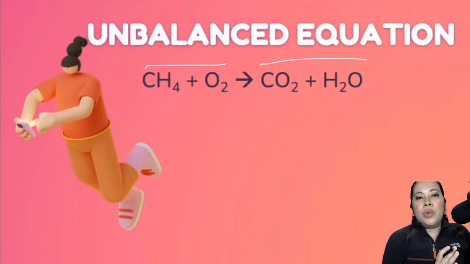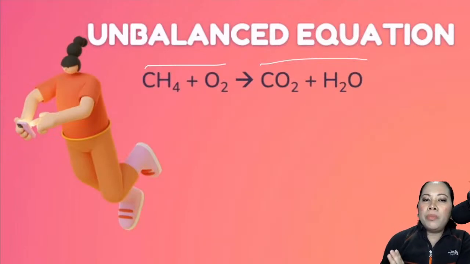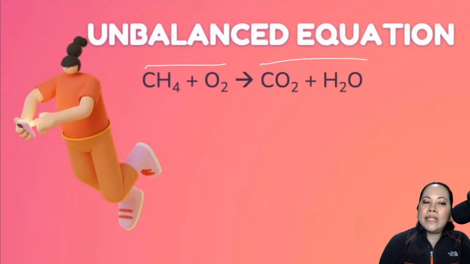If you started with 1 carbon, your product would also have 1 carbon. Nothing has been created or destroyed. It is just changed into a new form. So we have to identify whether it is balanced or not balanced based on the law of conservation of mass. Let's try to check.